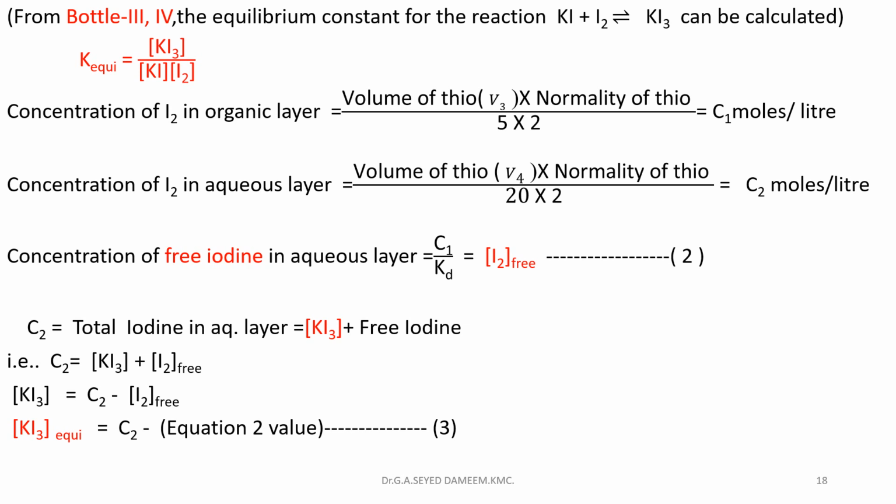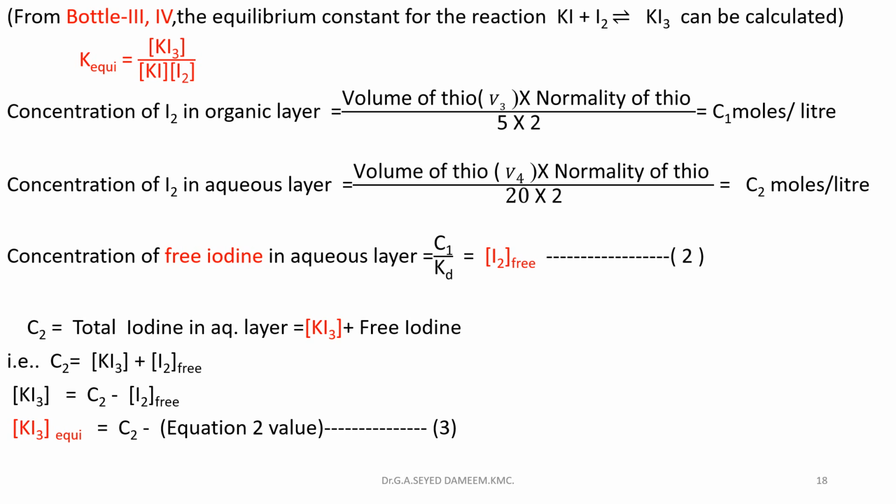So the concentration of iodine in the aqueous layer, C2, is the total iodine in the aqueous layer, that is the sum of the concentration of KI3 and free iodine. From the concentration of free iodine and the value of C2, the concentration of KI3 is calculated as C2 minus the concentration of free iodine.